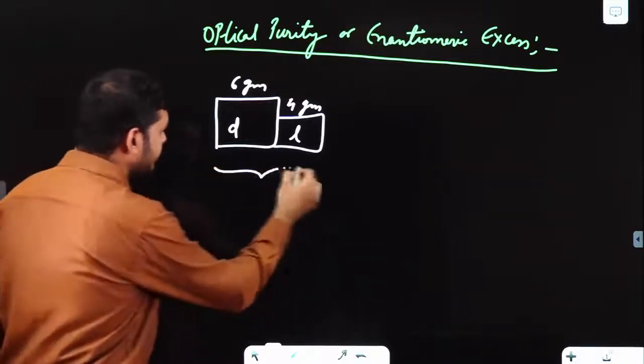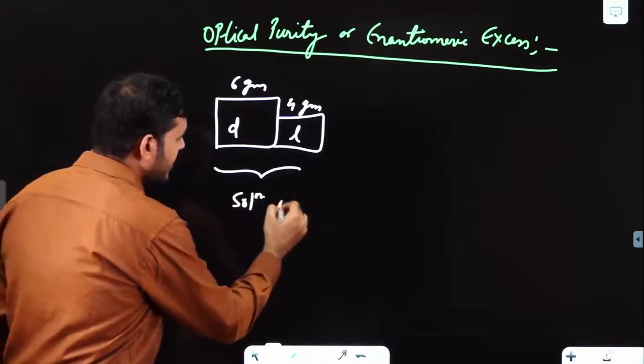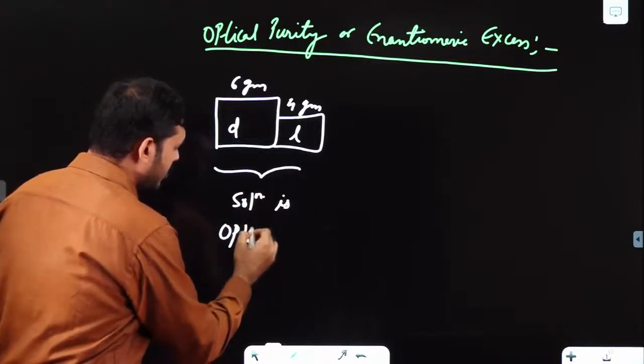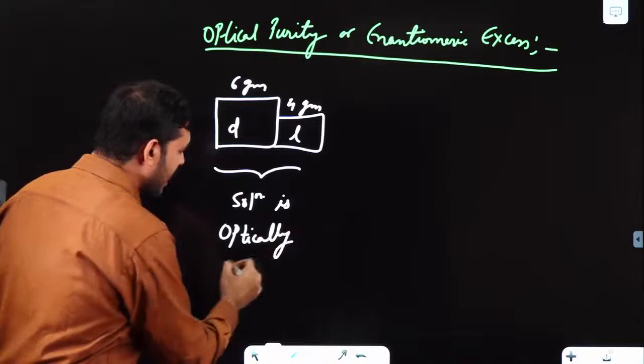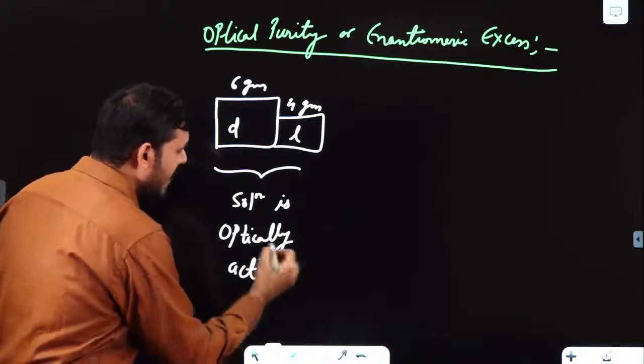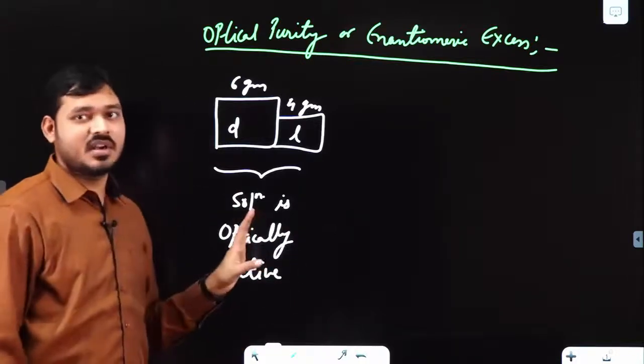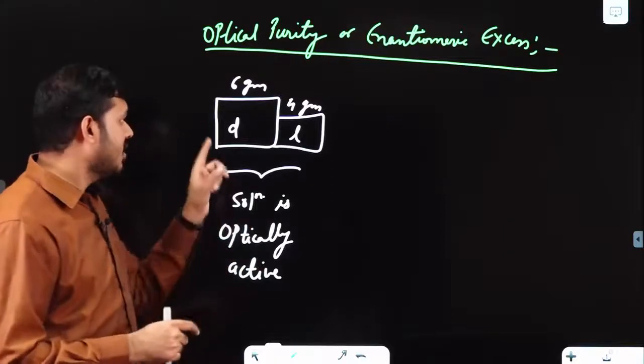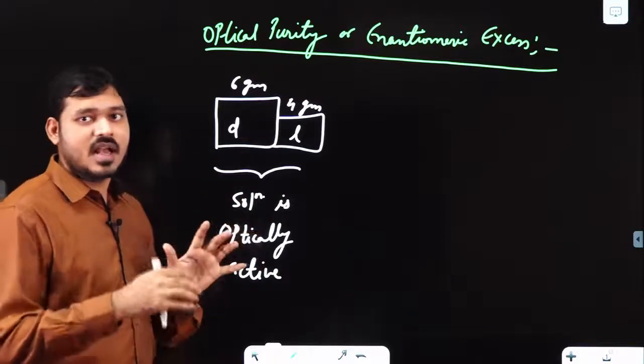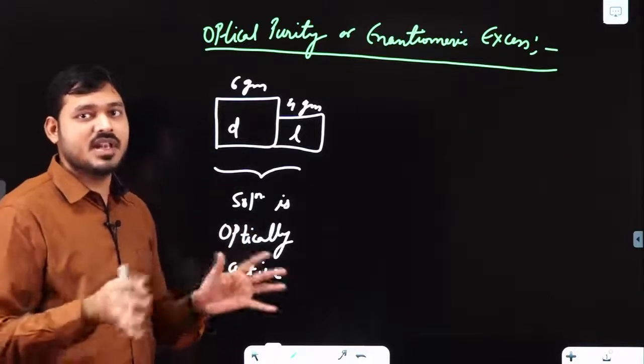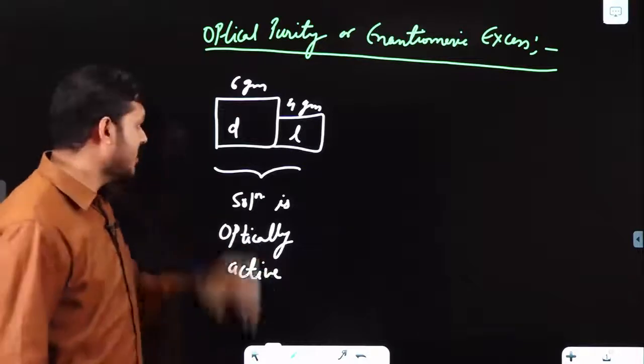But here the solution is optically active, but up to how much extent? How much composition of D or L is in pure form and how much is the enantiomeric pair? Okay, so let me check.